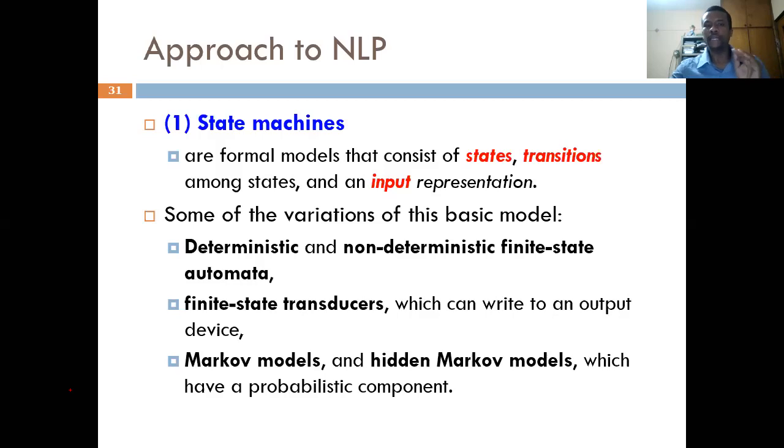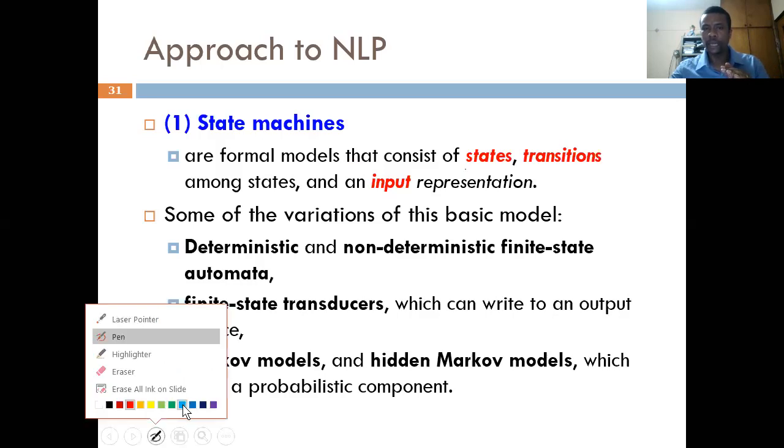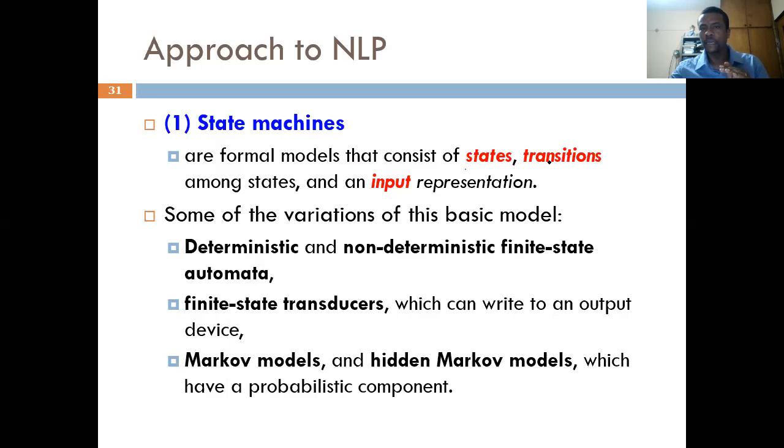The idea is, it is a formal model. It has a state, it has a transition, and it has an input. So whenever you give it an input, the input is going to pass through the states, through the transitions, and try to arrive at the end.